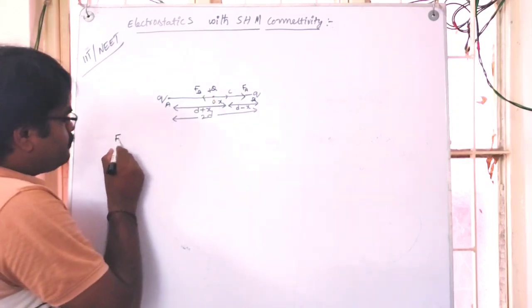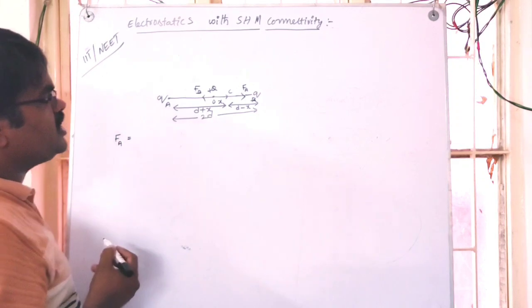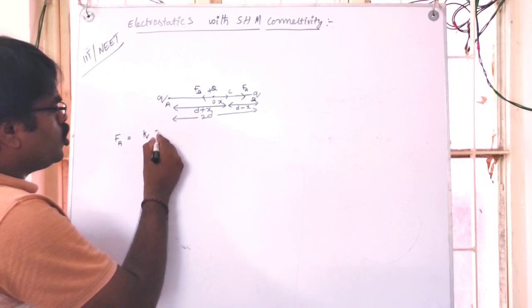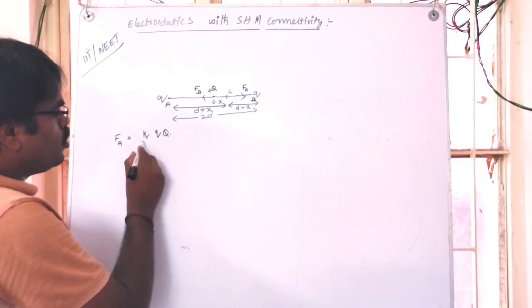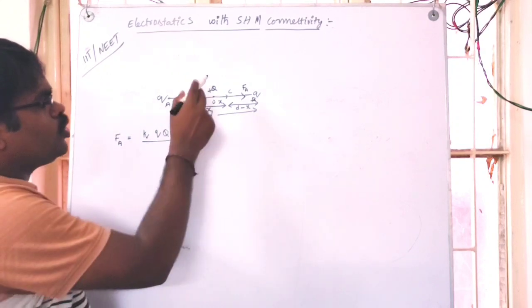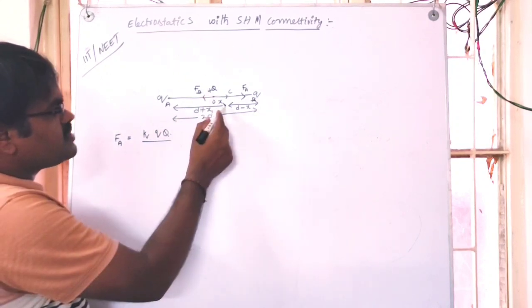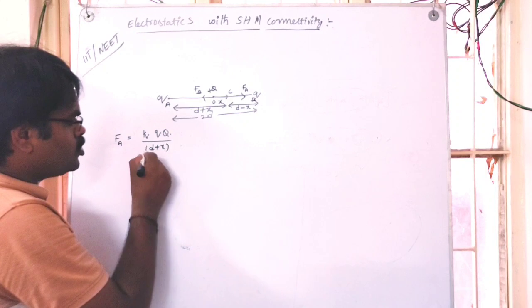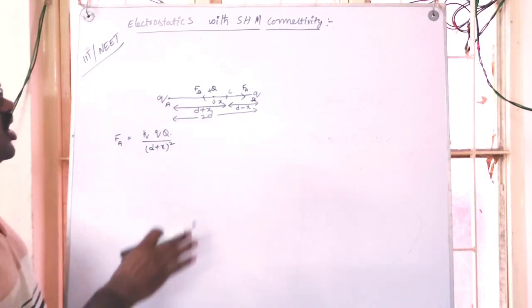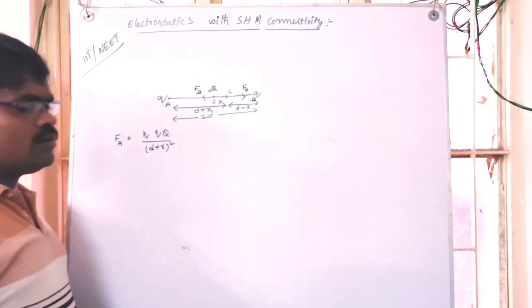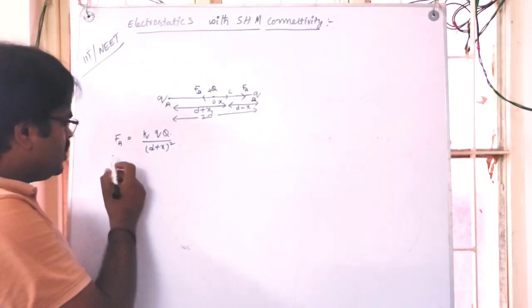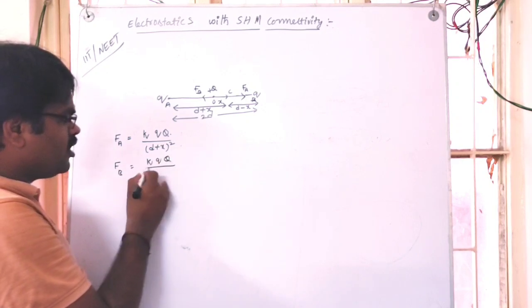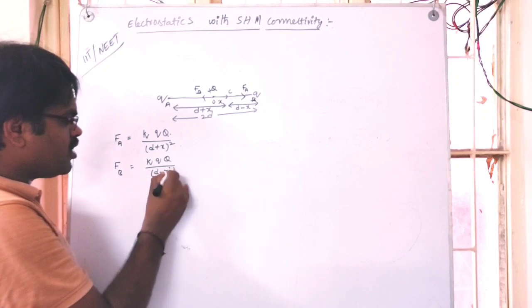Now Fa is equal to KQQ by the distance d plus x whole square. The direction is away from the A charge. Fb is also KQQ by d minus x whole square.